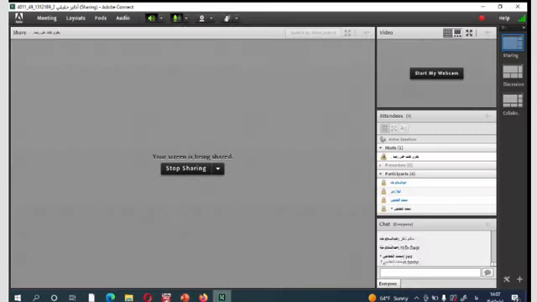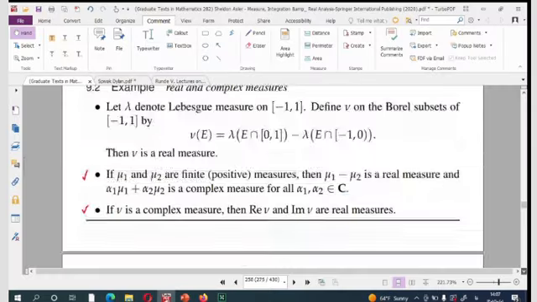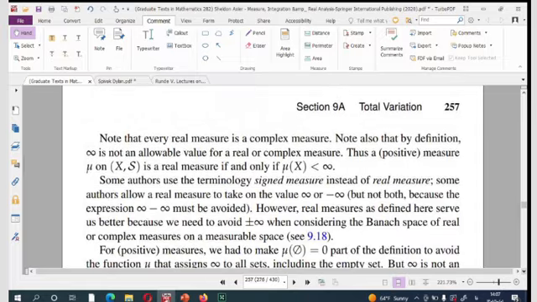It is clear? Okay. Note that every real measure is a complex measure because R is a subset of C, okay?